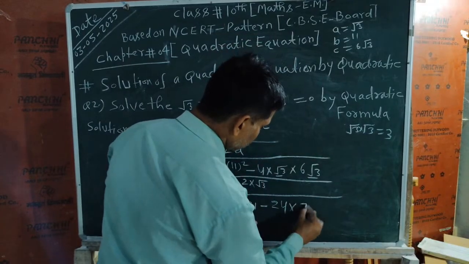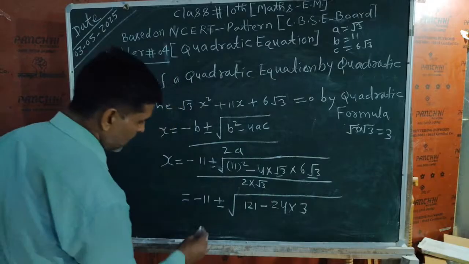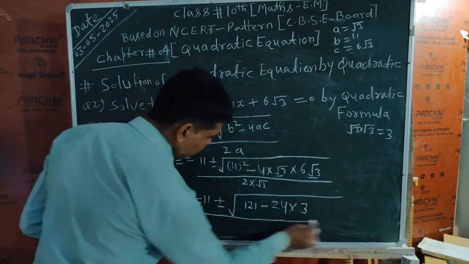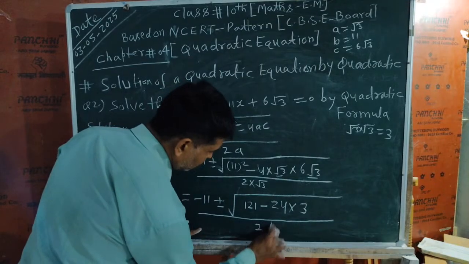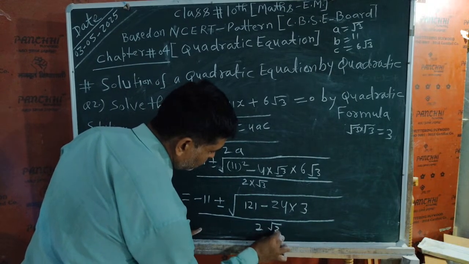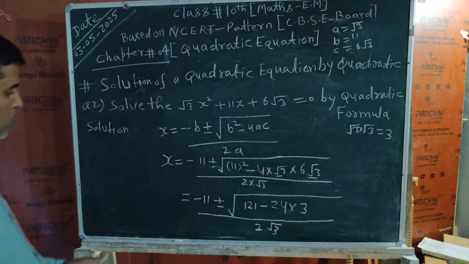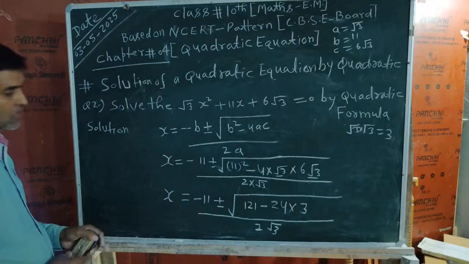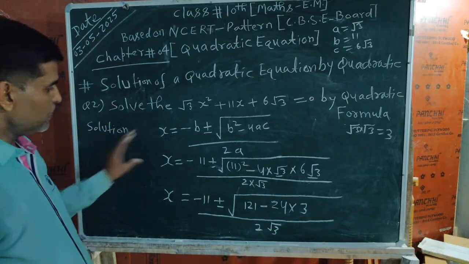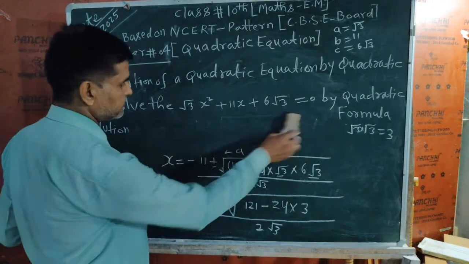So I will write here 3. Again I will divide by 2 root 3, because 2 root 3 is available, so I will put 2 root 3. Now on the left hand side x is coming, so I will put x. Now for further calculation, I will erase the available data.